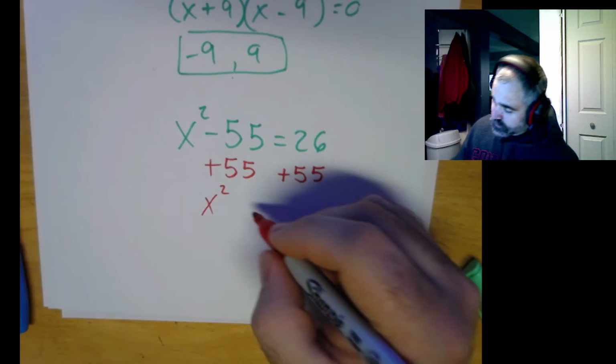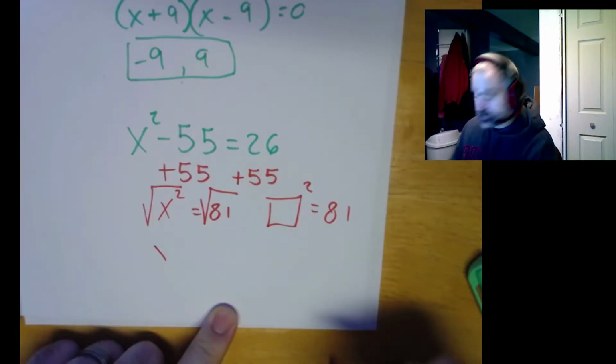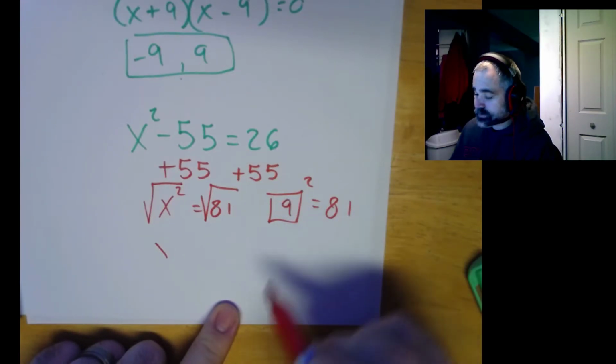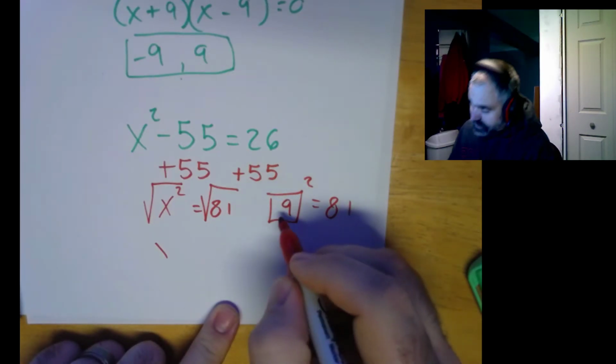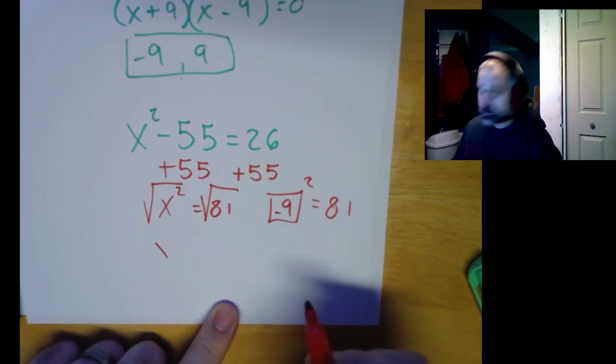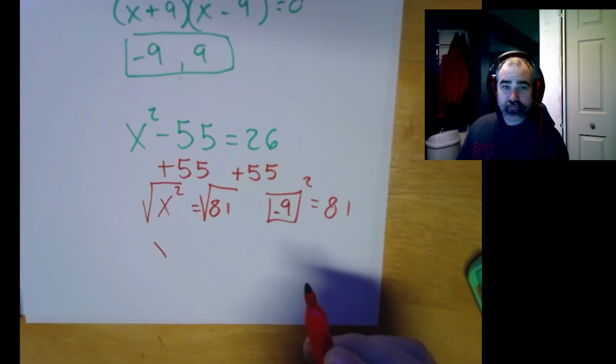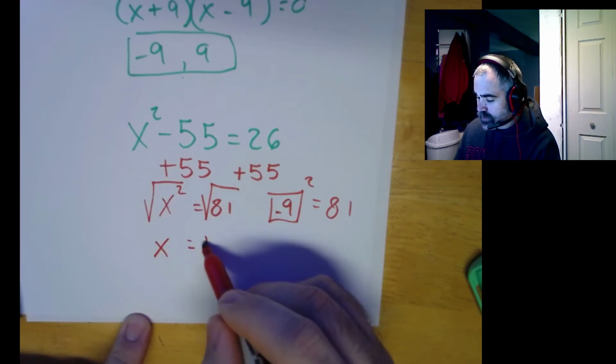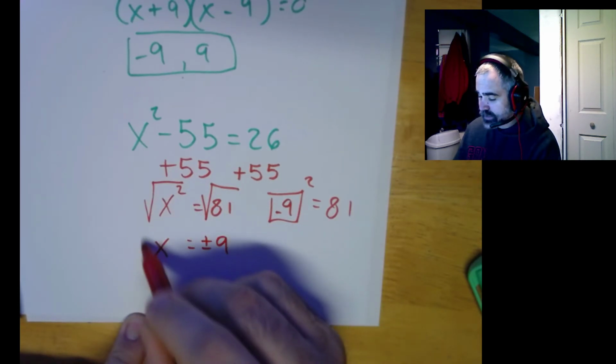And again, what I'm doing here is I'm saying, all right, something squared equals 81. Now there's two possibilities that could go in there. You could have a 9, because 9 squared is 81, but negative 9 is also a possibility, because negative 9 times negative 9 is also 81. So this actually is going to give me a plus or minus 9, which is the exact same thing that I got here. Okay, two different ways of solving the same question.